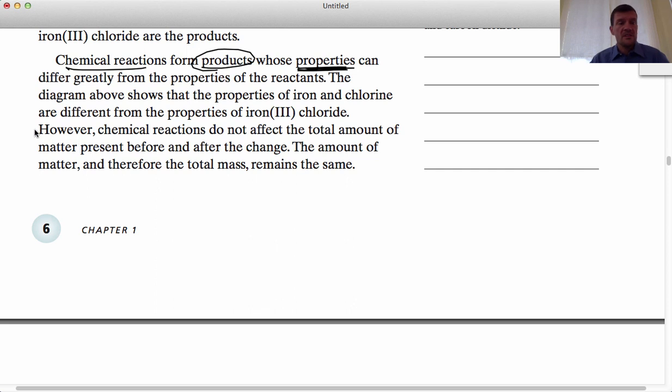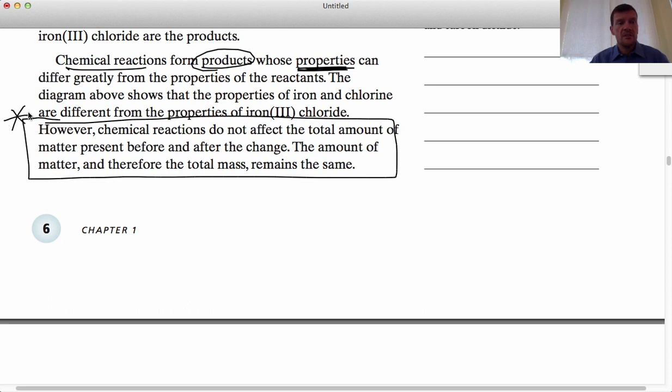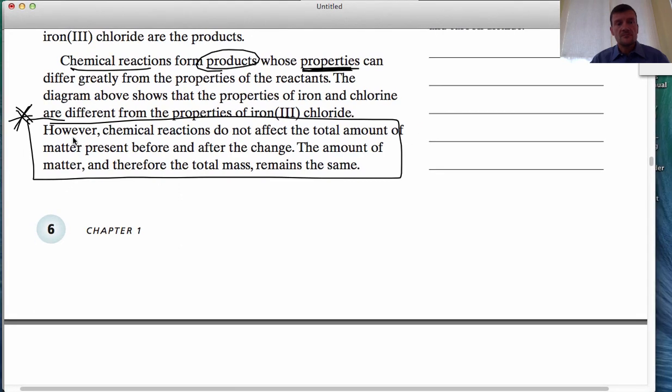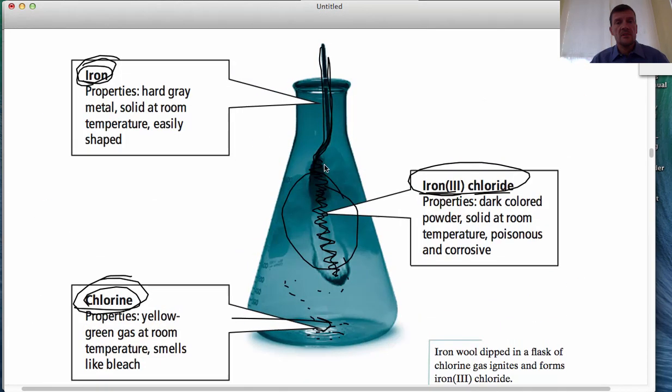There's one important key note that we will probably come back to, but this is crucial, very important here. Okay? Don't miss this. This is saying that anytime you have a chemical reaction, yes, you form something new, but that does not affect the total amount of matter present before and after the change. So the amount of matter, the total mass, always stays the same. Okay?